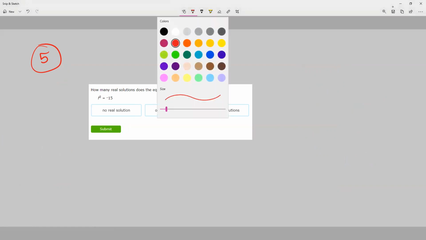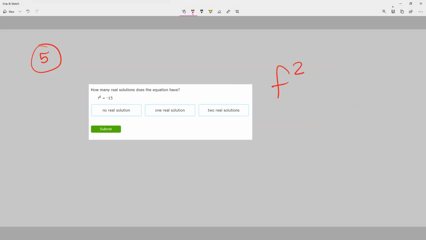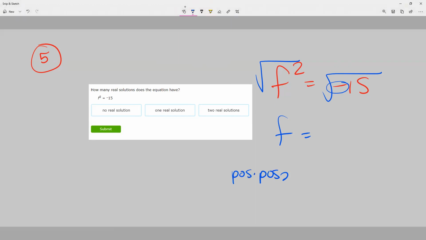They have a little bit of a different setup for a couple of these. If I look at something like f squared equals negative 15, based on what I just said, I would take the square root, right? And this would turn into f. The problem here is that there is no way I can get a negative sign underneath, because I'm either going to be doing a positive times a positive, because it's going to be the same number multiplied twice, or I'm going to do a negative times a negative.